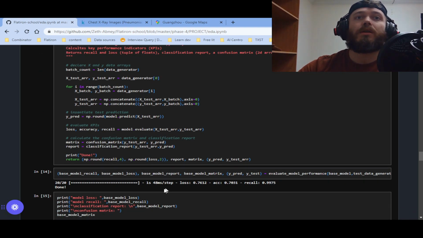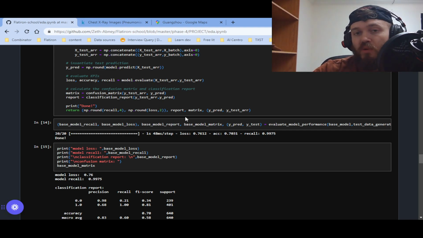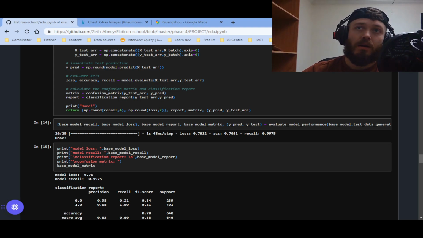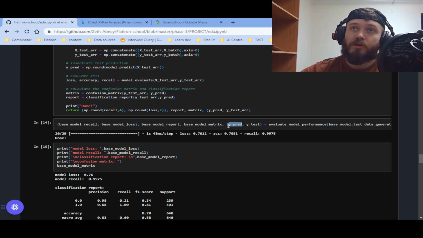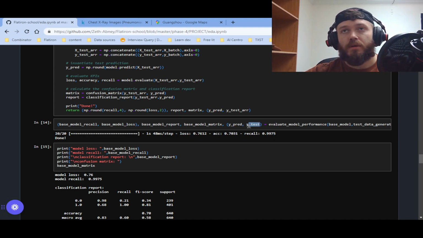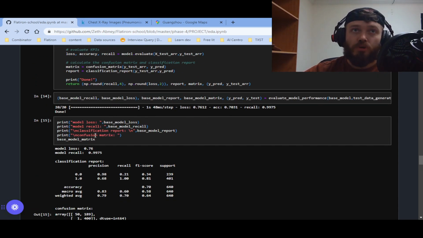This one returns 4 different values: your recall and your loss, a classification report from scikit-learn, a confusion matrix, which is just a 2D array in NumPy, and your y prediction, a vector of your predictions for y, and a vector of your true labels for y. I made this one function that does all that for me. It was super nifty.